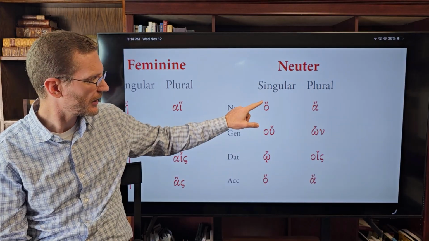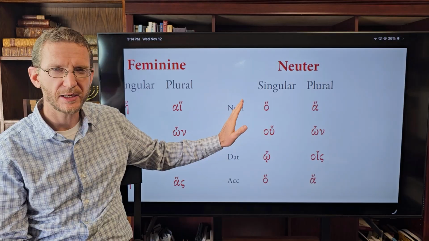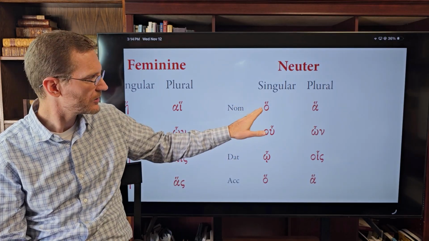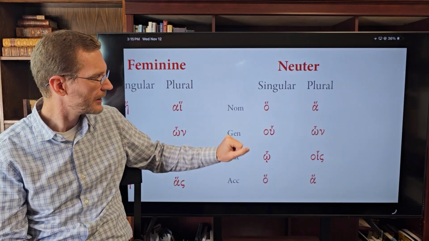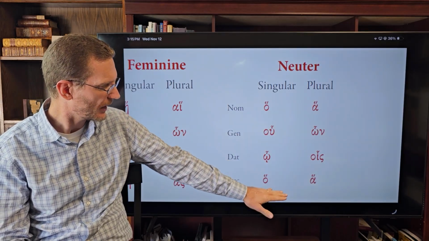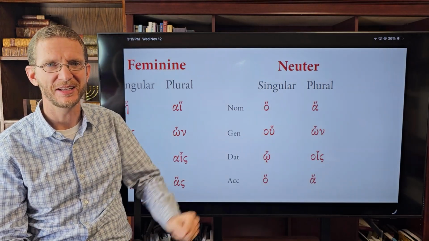So it's not on, ou, ō, on like we've learned, but like I noted the other day, the nu can be missing. So you can just have the omicron, ho, which we have here. These are the second declension neuter endings.